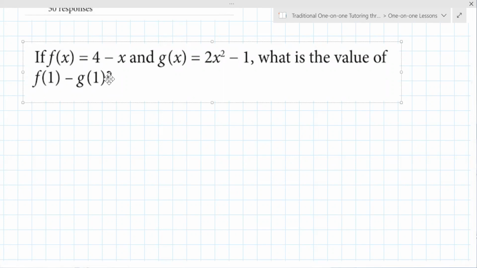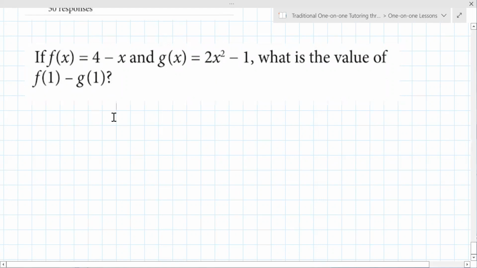All right. If f of x equals 4 minus x and g of x equals 2x squared minus 1, what is the value of f of 1 minus g of 1? So I just take 4 minus x in parentheses and then minus 2x squared minus 1 in parentheses. You can do that, but because they want it at specific values, you can actually calculate f of 1.